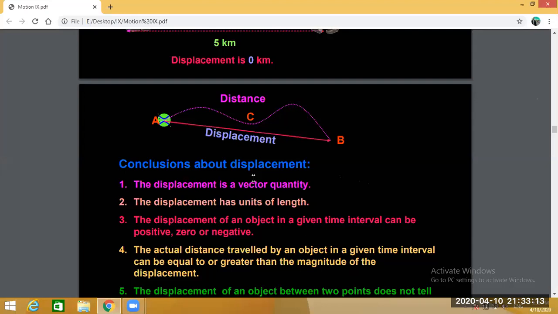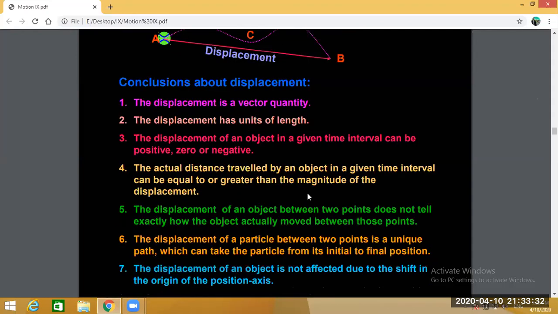The actual distance traveled by an object in a given time interval can be equal to or greater than the magnitude of displacement, but can never be smaller than the displacement. The displacement of an object between 2 points does not tell exactly how the object actually moved between those points.